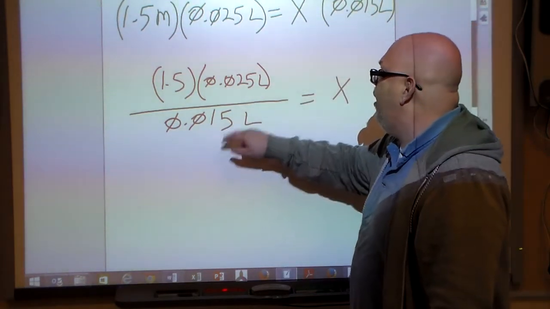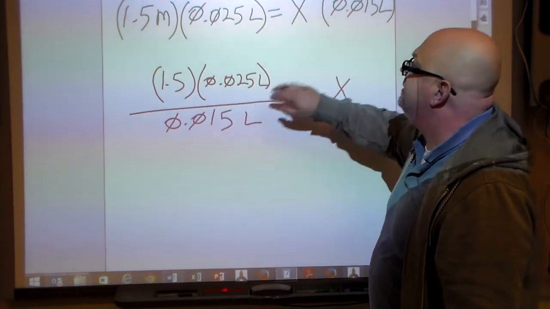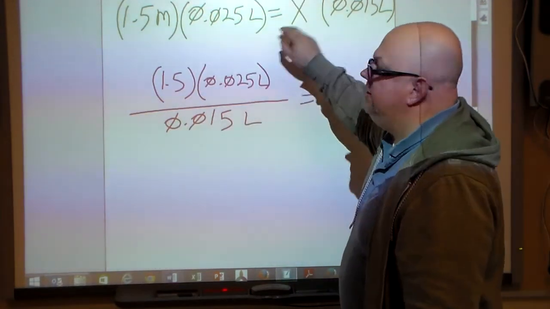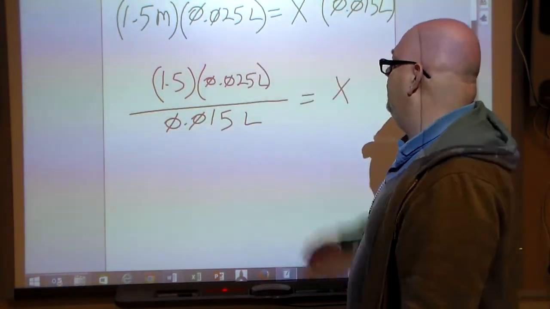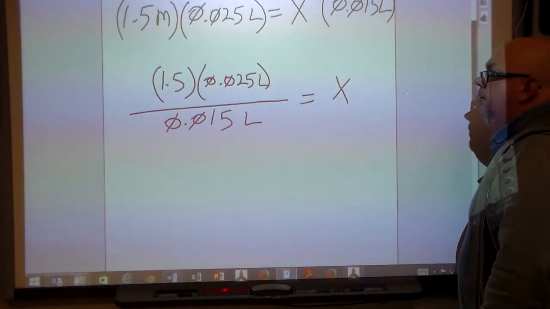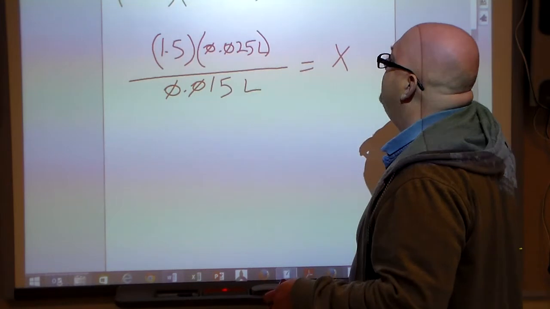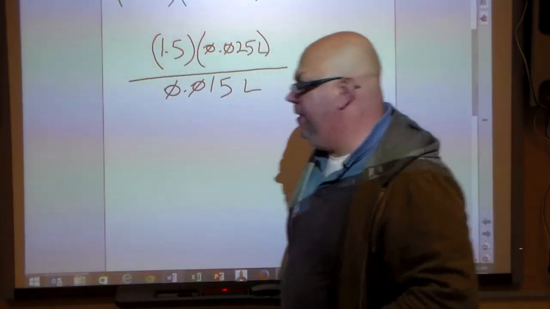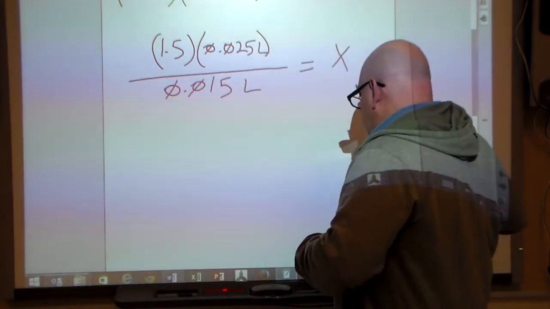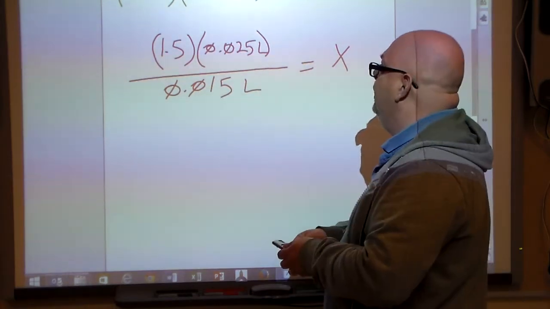I had to divide it out so that the X would be by itself, and what we do to one side of the equal sign, we have to do to the other. And then you divide it. Here's my calculator, so I'm going to go ahead with the calculator on this.